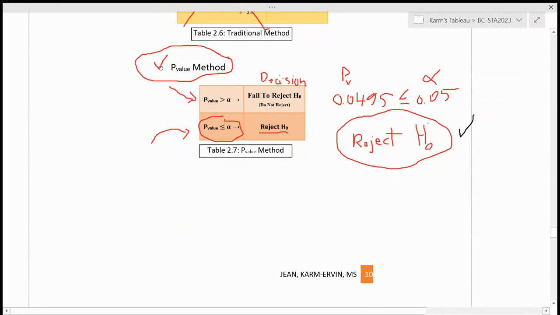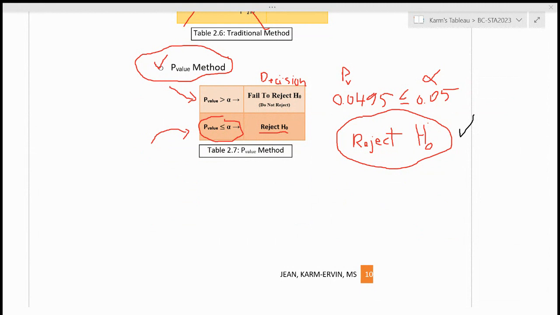If it's more than alpha, you're going to say fail to reject H0. Are we good? Did I answer your question? Yes, you did, thank you. Yes, when they give you the claim, you have to figure out the rest.